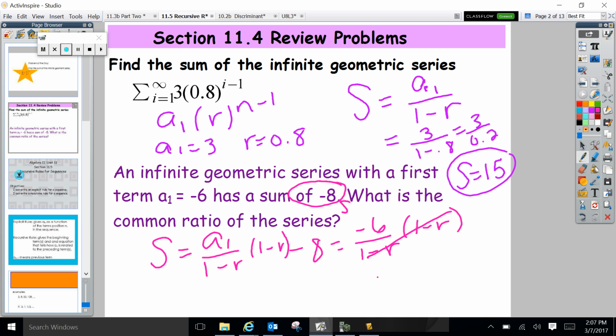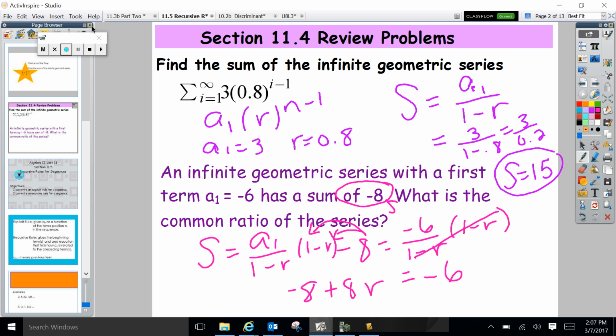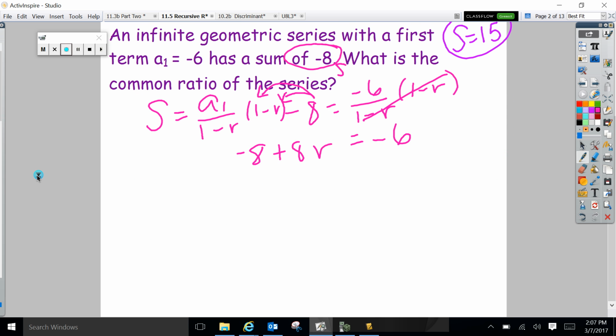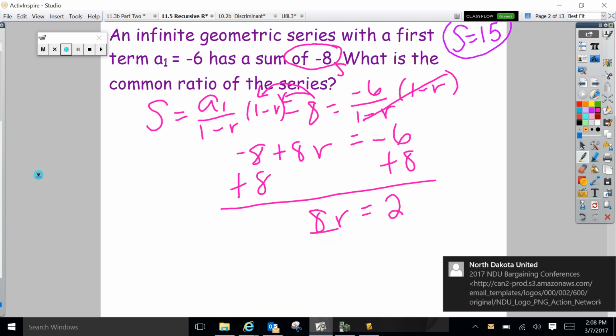Over here, that'll cancel, you get -6. Over here, you have to distribute the -8. You're going to get -8 times 1 is -8. Negative r times -8 is positive 8r. Okay, solving for r, I'm going to start by adding 8 on both sides. 8r equals -6 plus 8, which is 2.